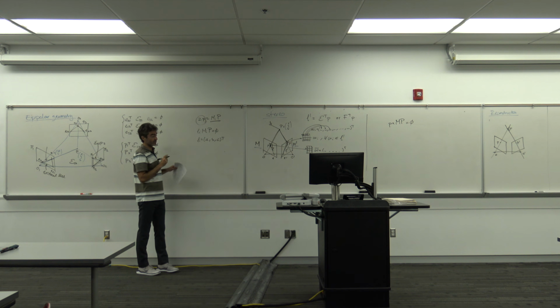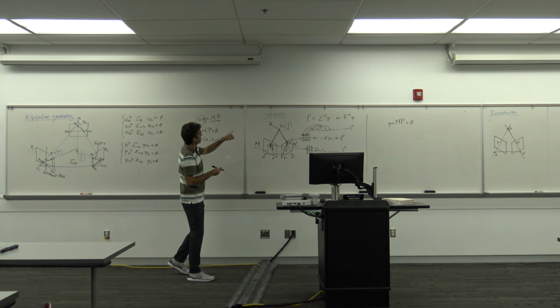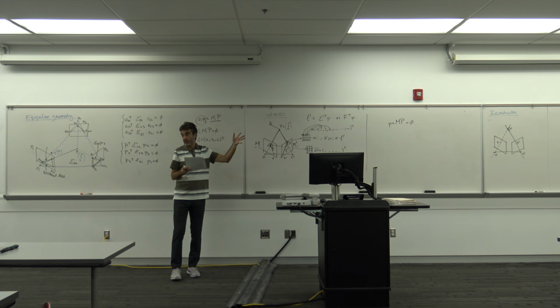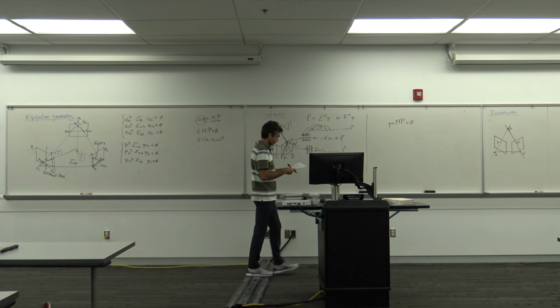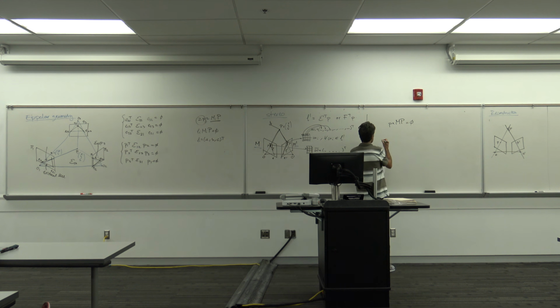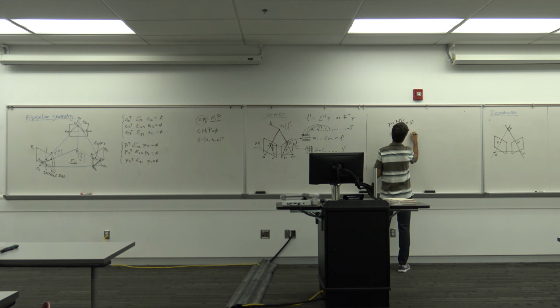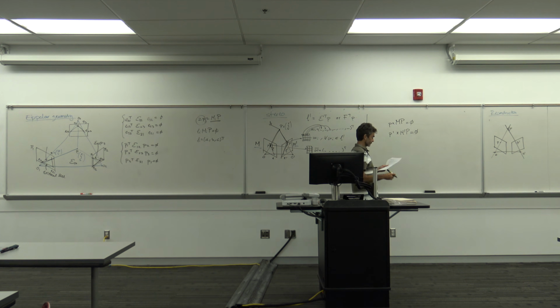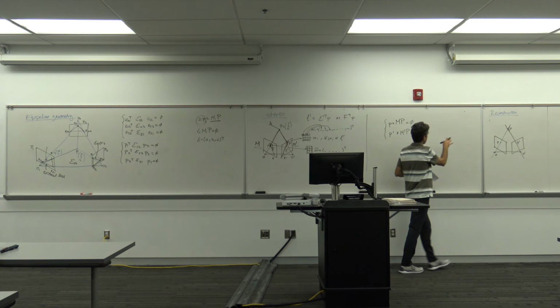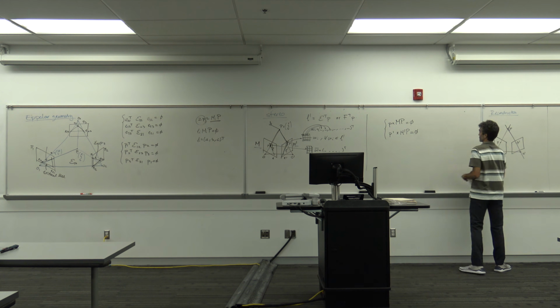So if I have ZP cross product P, that has to be 0, right? Now, P prime cross product M prime P, that also has to be equal to 0, right?